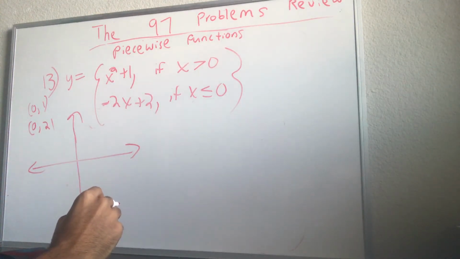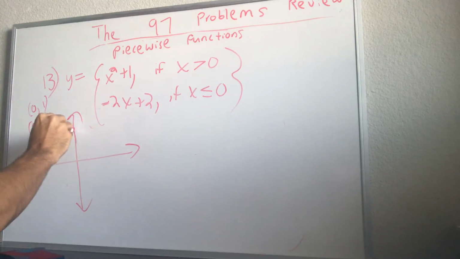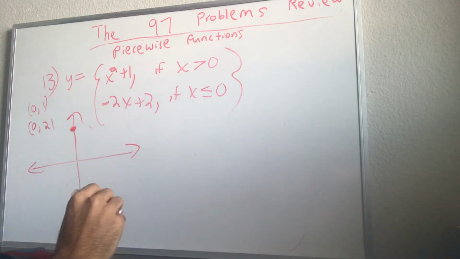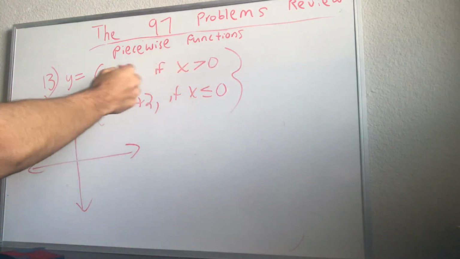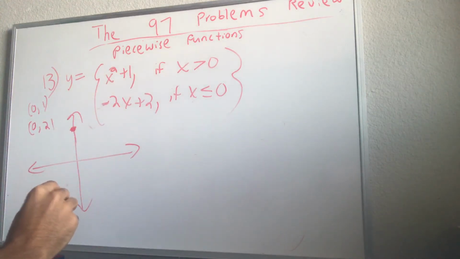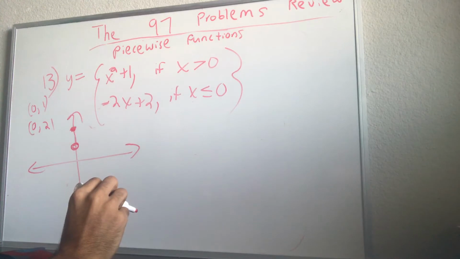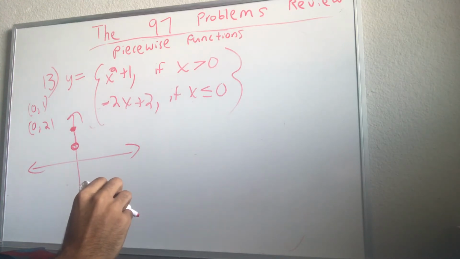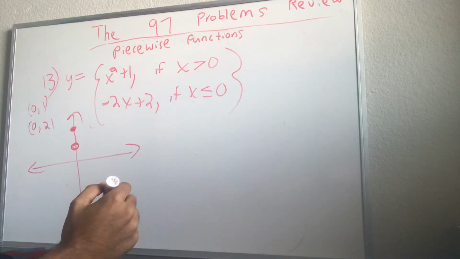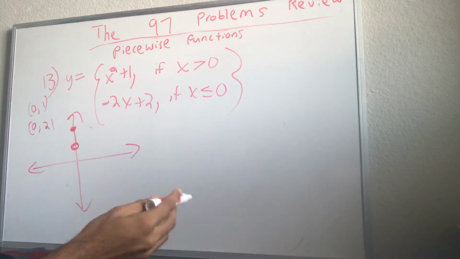So we have 0 comma 2 as a filled circle here. However, when we plug 0 here, we have 0 comma 1. There's going to be this open circle here, the hole. And then for the other values, x is equal to 1, 2, you just plug them in.